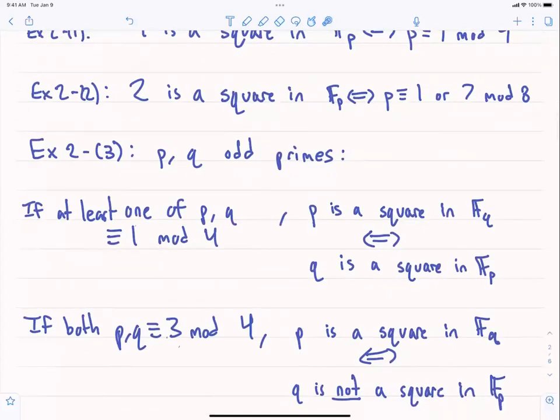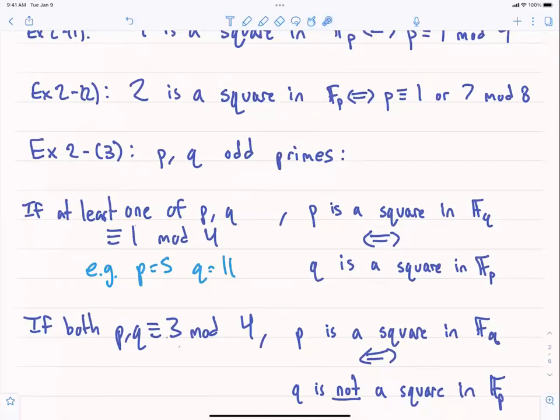If at least one of p and q is congruent to 1 mod 4, for example p equals 5 and q equals 11, here 5 is congruent to 1 mod 4, even though 11 is not, and that's fine. Then it turns out that p is a square modulo q if and only if q is a square modulo p.